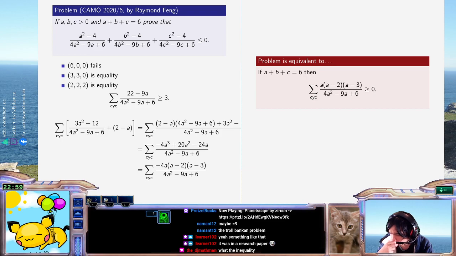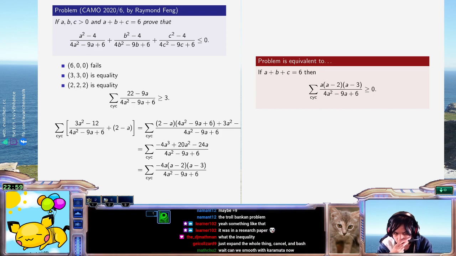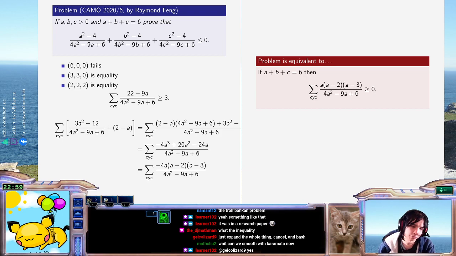I wonder if I can just fudge the bottom or something. Can I? Can we smooth by Karamata now? Well, all I did was apply a linear transformation, so I would be surprised. It won't change any of the inflection points.